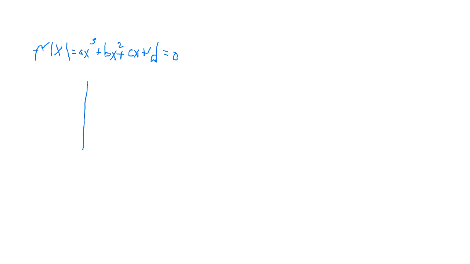And let's say that a, b, and c are such that, when you graph that polynomial, this is what it looks like. You're graphing the derivative.